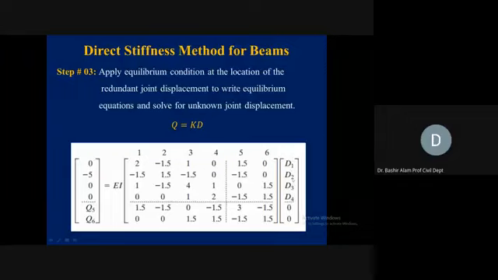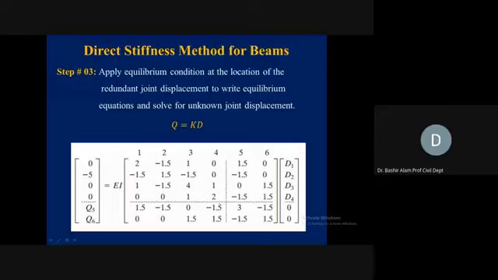Only unknowns are D1, D2, D3, D4. So we can find out the values of D1, D2, D3 and D4 by solving this upper left partition matrix, multiplying this by the D1, D2, D3, D4, and by running these numbers you can find out the unknowns.